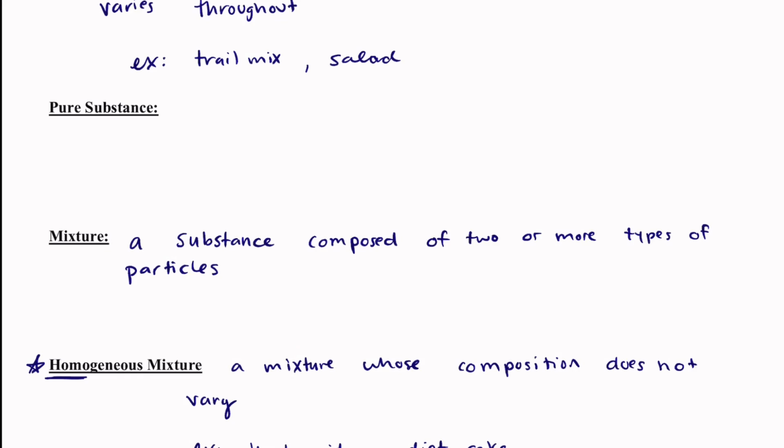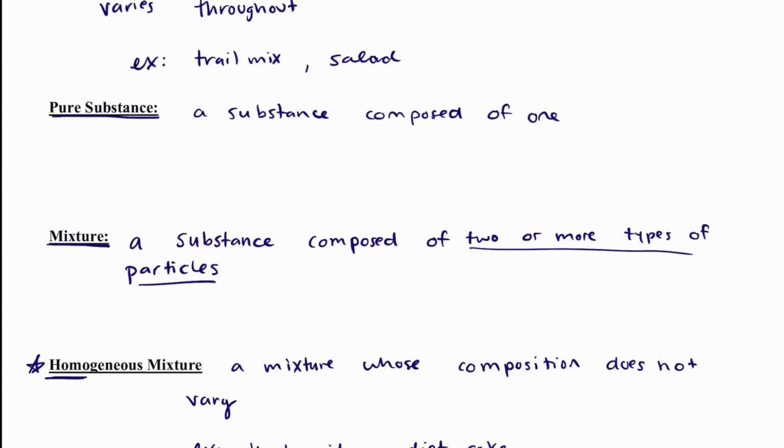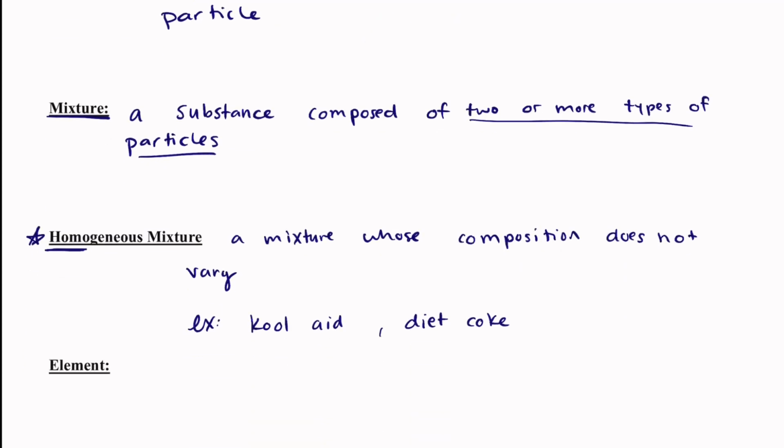Okay, on the same level as mixture on our flow chart was a pure substance. A pure substance is very similar to the definition of a mixture. If a mixture is two or more types of particles, a pure substance is just going to be a substance composed of one type of particle at the molecular level. There's two of them.